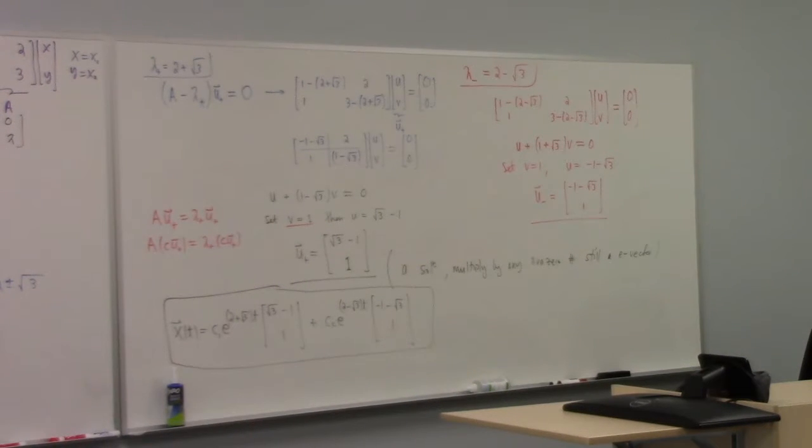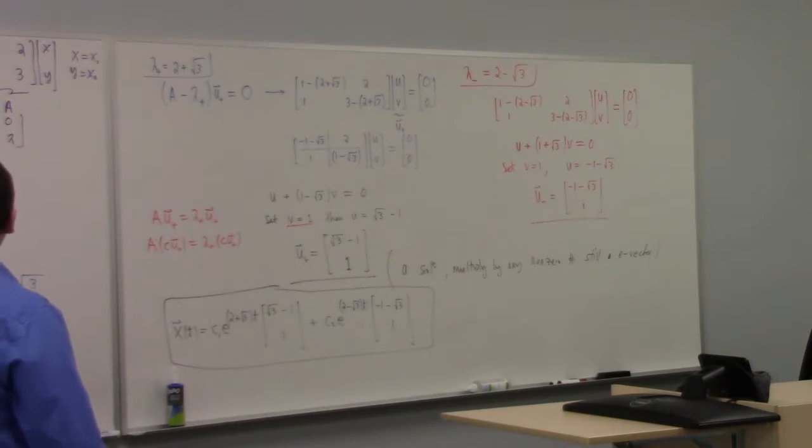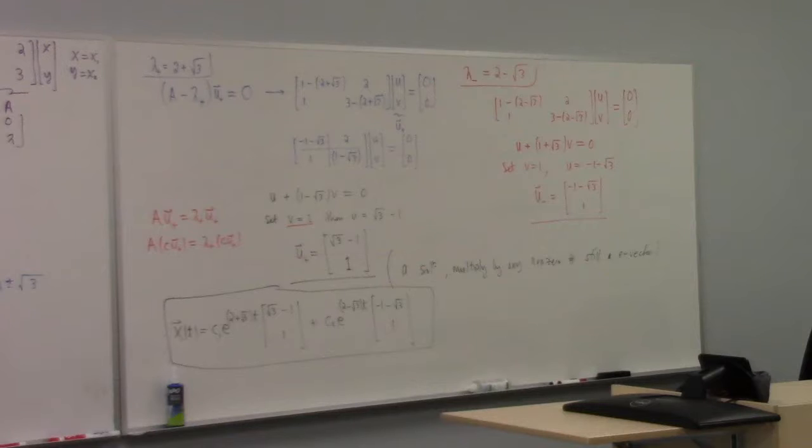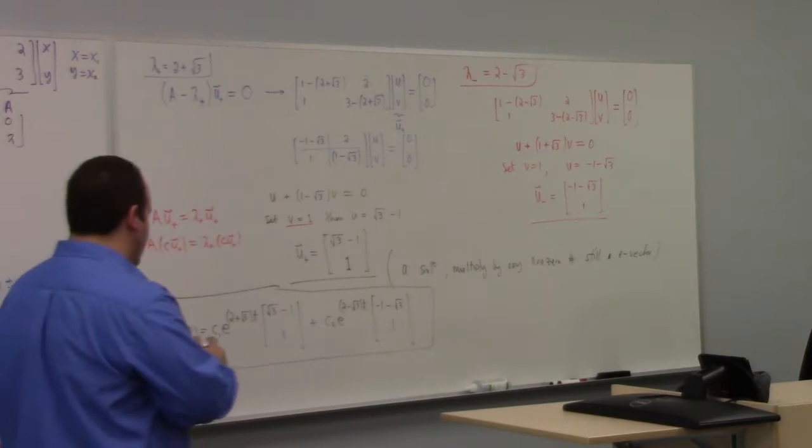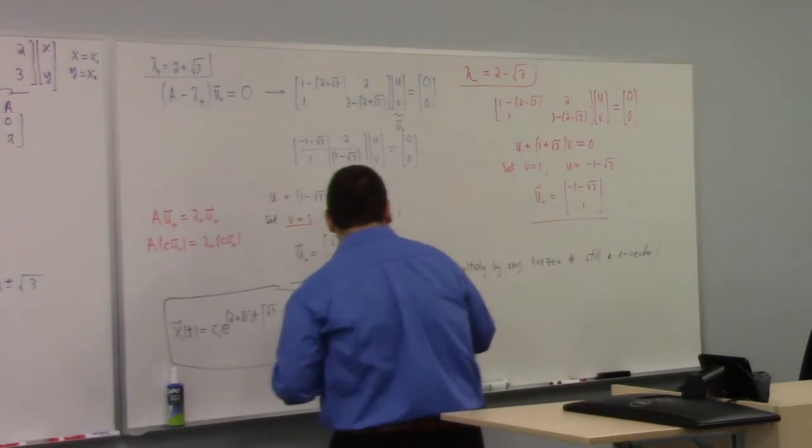Now, if you want me to go back and tell you what's the scalar solution, like what's actually x as a function of t and y as a function of t, we can get that from this. Can you extract the scalar solution? This is the vector solution.